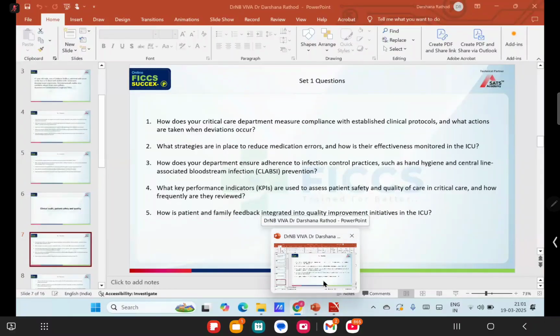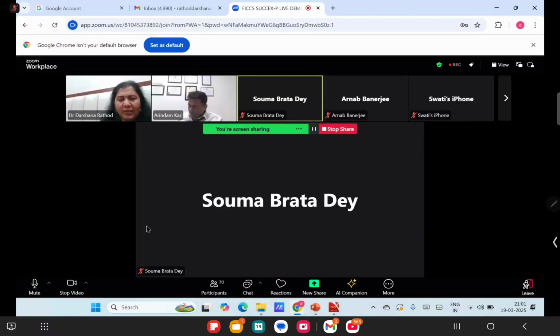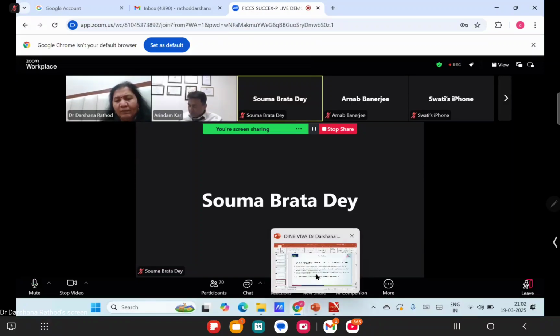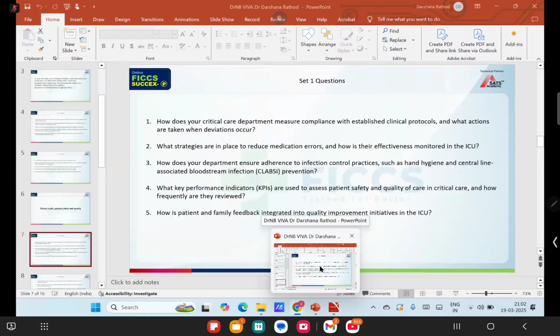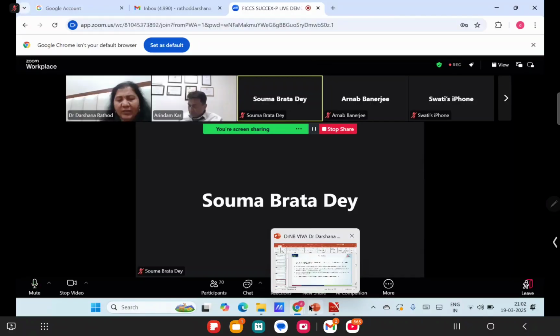So I was on the medication. As I was telling you all, there are certain things like the high risk medications and the narcotics that are being used in the ICU. So there have to be set protocols to use them, and there has to be monitoring also. Then comes effectiveness monitoring, in a very simple way.